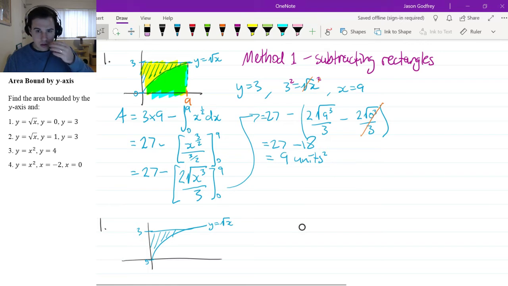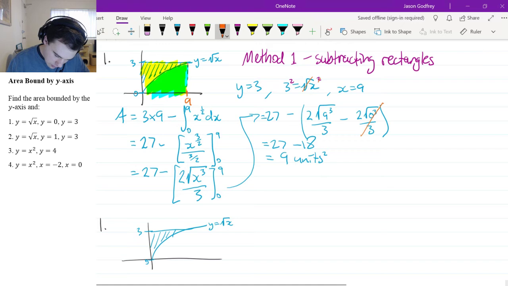Now something else you might notice here geometrically is, right, y equals root x is a rotated parabola on its side. So if we were to rotate this, just spin the whole thing 90 degrees to the left, what kind of graph would we have?